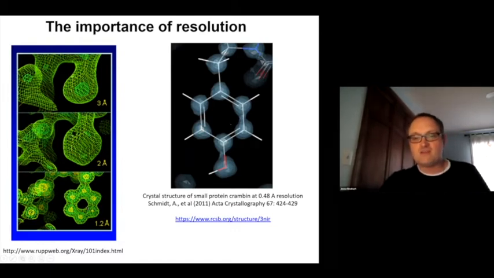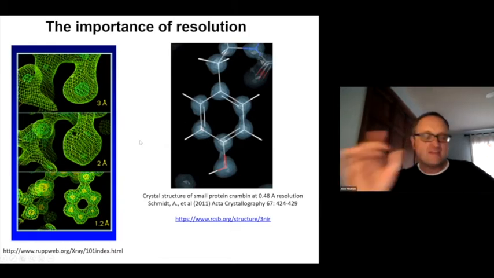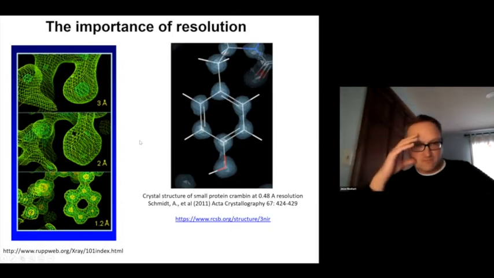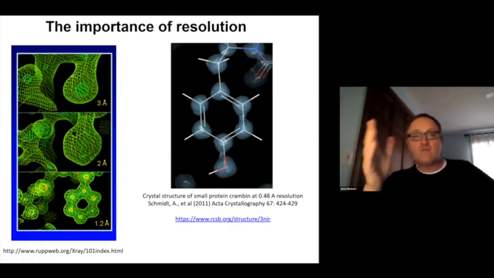And here's one of the highest resolution structures ever captured. This is at 0.4 angstrom resolution. So you can see here the absolute certainty that your predicted model is fitting the electron density perfectly.